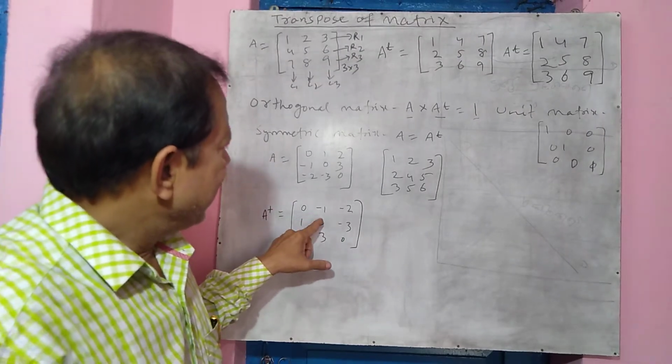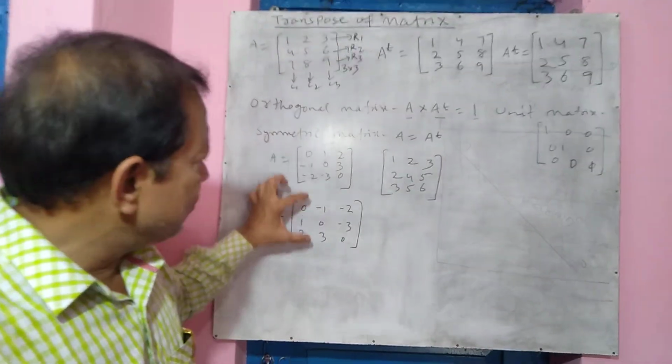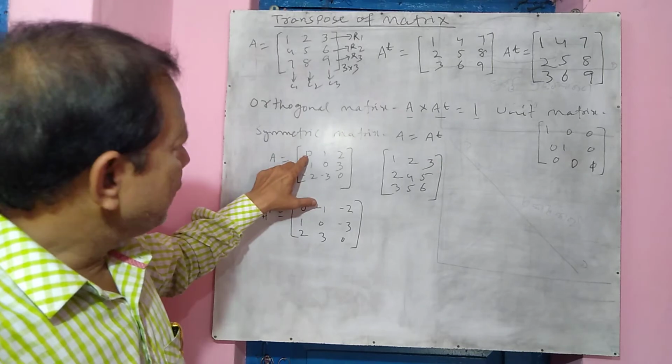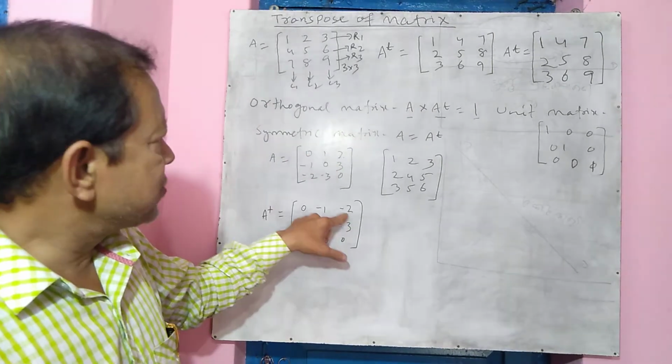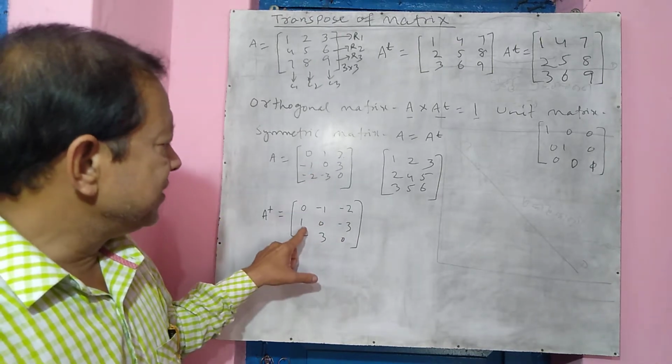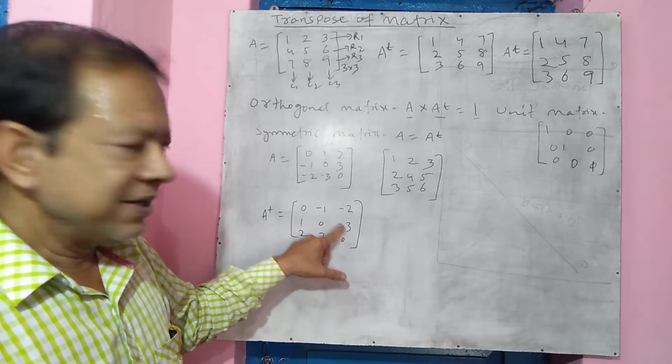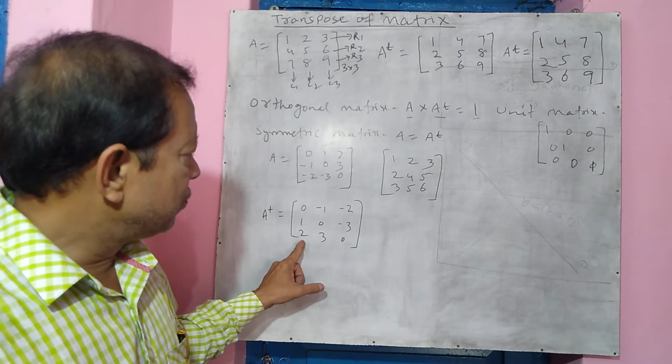You see, is this matrix equal to this? The first row is 0 1 2, the first row is 0 minus 1 minus 2, the second row is minus 1 0 3, this is 1 0 minus 3, minus 2 minus 3 0, 2 3 0.